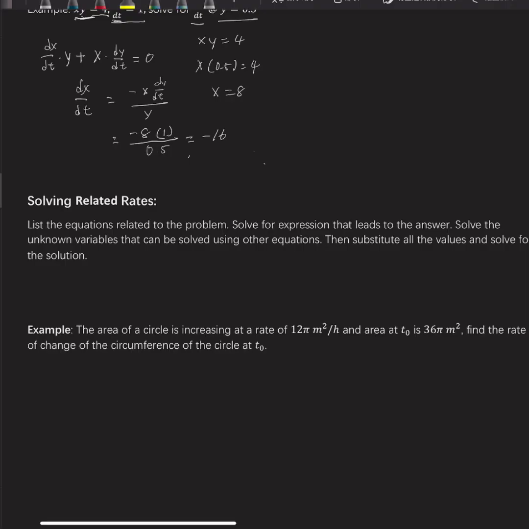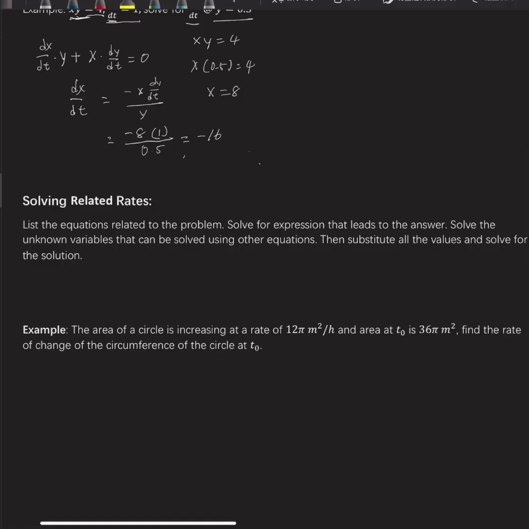So let's work on a problem. The area of a circle is increasing at a rate of 12 pi meters squared per hour. The area at t0 is 36 pi meters squared. Find the rate of change of the circumference of the circle at t0. So this problem is talking about a circle.